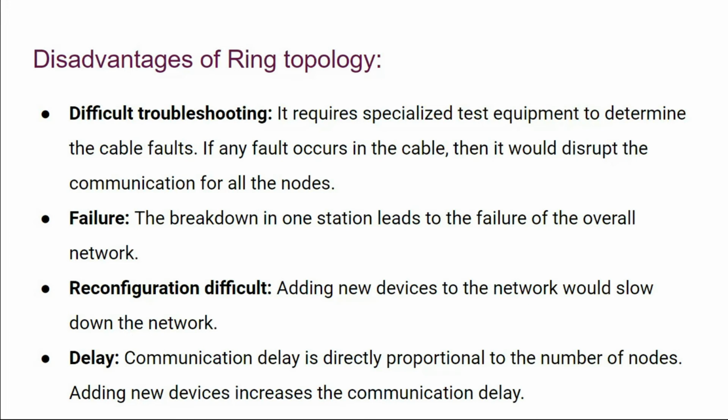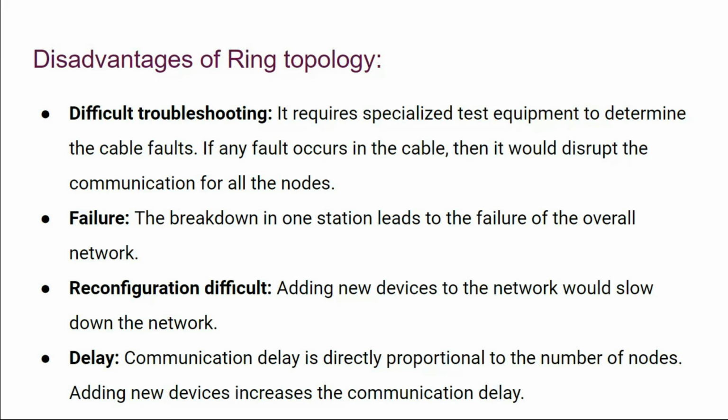The next one is failure: one station failing leads to overall network failure. And reconfiguration is difficult; we already discussed this under troubleshooting. And delay: communication delay is directly proportional to the number of nodes. If we have 5 nodes, it may arrive earlier. If we have 50 nodes, it will be delayed because it has to go to each and every node and check whether the destination has been reached or not.